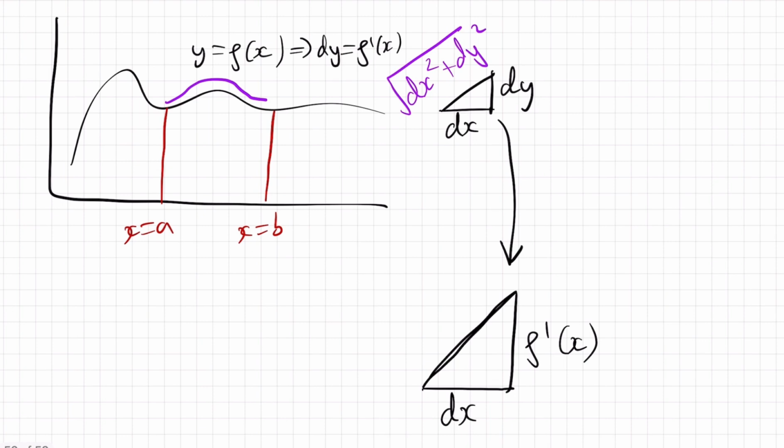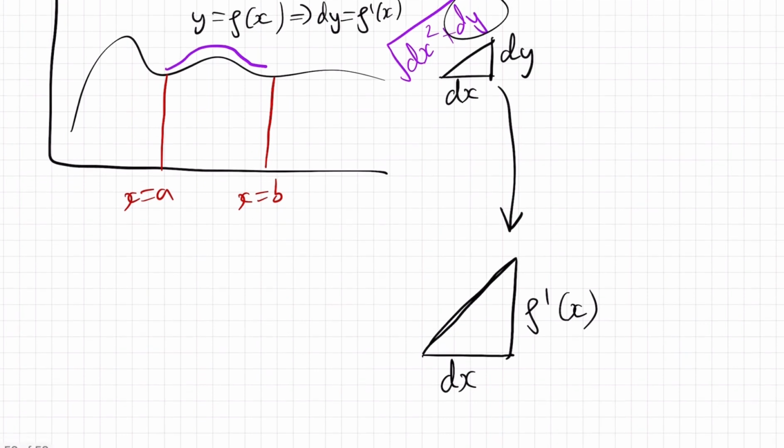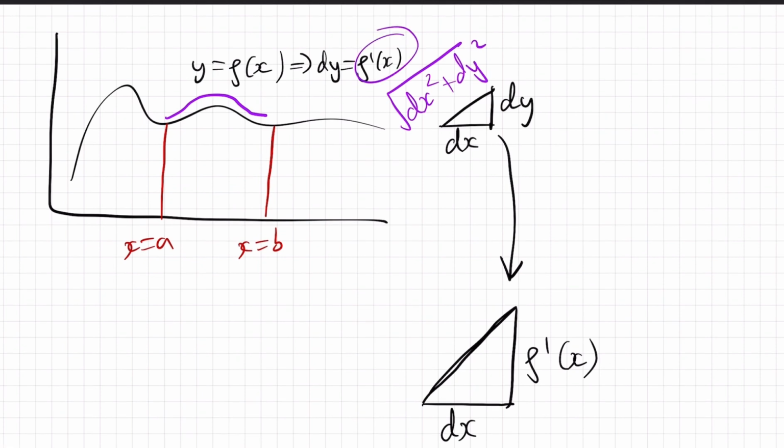And then, of course, if we put this into here, I'll just do this all in one step. But if you put the derivative of f squared into here, then we can factorize out the dx, and then its square root is going to cancel out with the square. So we're just going to get this length as the square root of 1 plus f dash of x squared multiplied by dx.